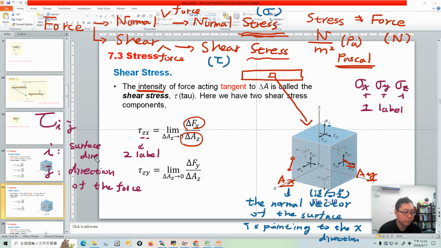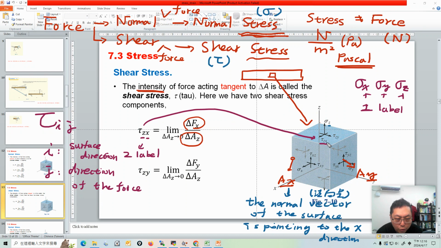Here, tau zx means the force is in the x direction, divided by area, the surface direction z, so that means Az. Az means the normal vector is pointing to the z direction.